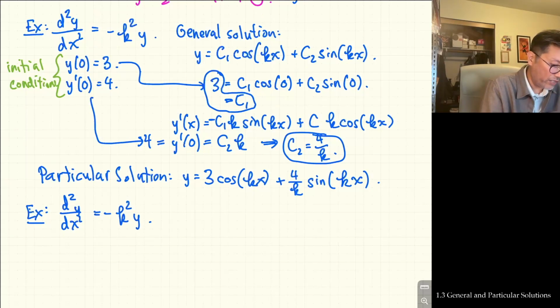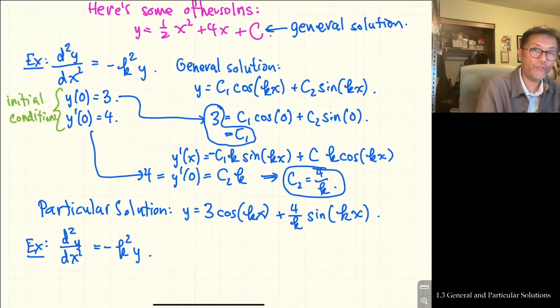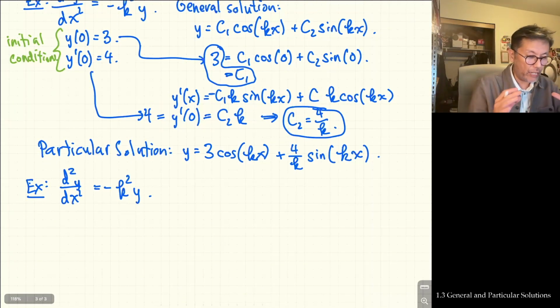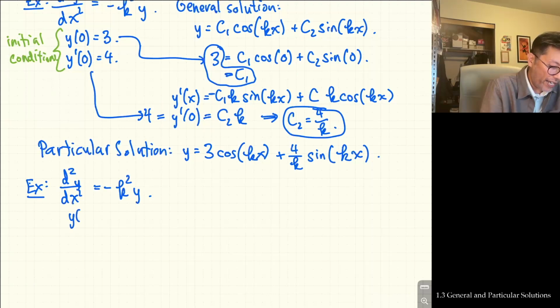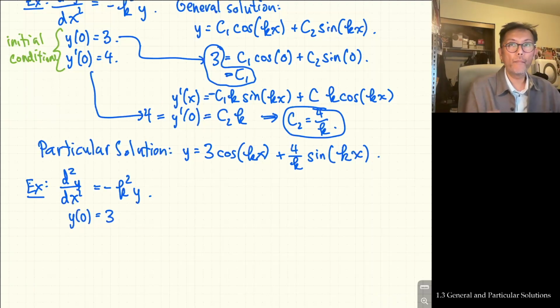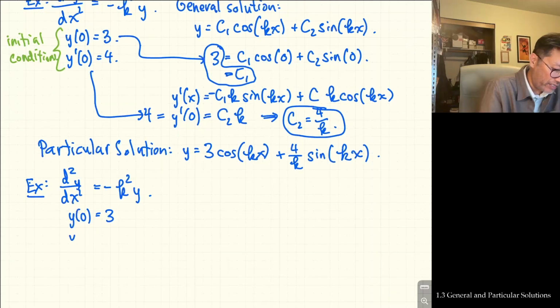but then the conditions that are further specified are not initial conditions. They are rather what are called boundary conditions, and they might look something like this. Y of 0 is equal to 3, so that's identical to what we had earlier, but we'll make a second condition that y of 4 is equal to 7.